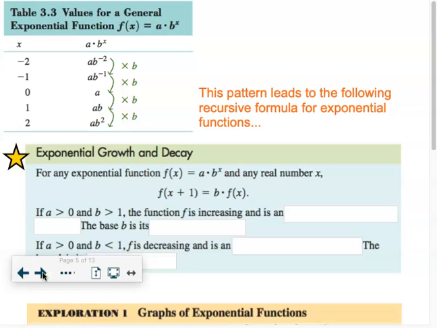So next up, this is what we were doing before we got into that heavy hitting problem right there, and it was using a table of values to write these. So values for a general exponential function f of x equals a times b to the x. As you go up by the integers in the x, which we see right here, you'll notice that every time you're increasing that b by 1.